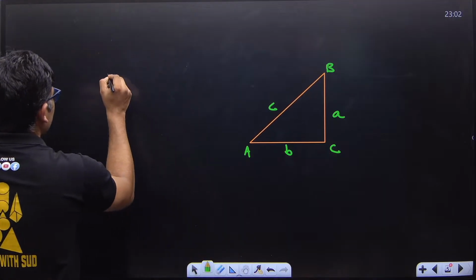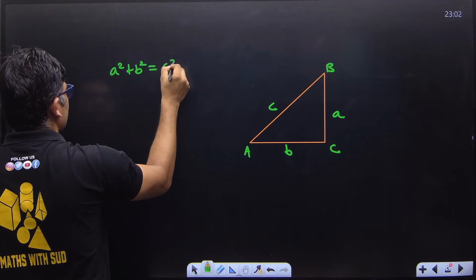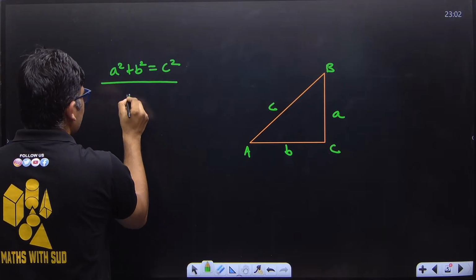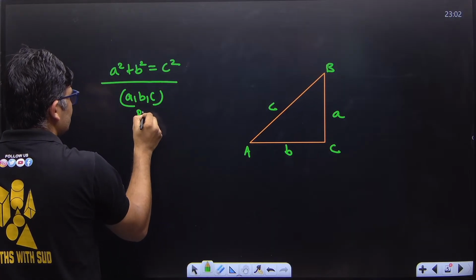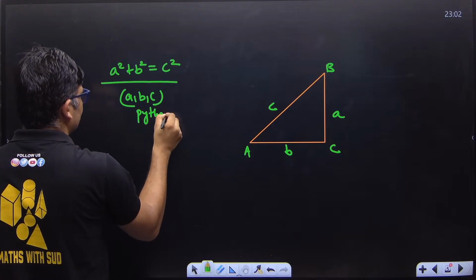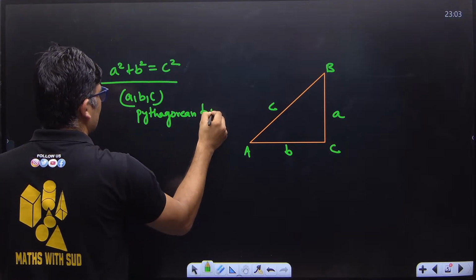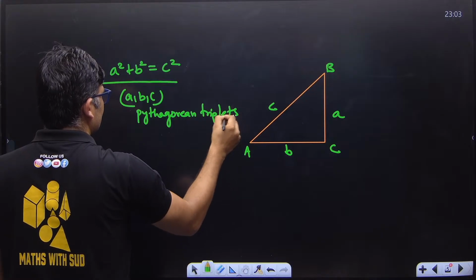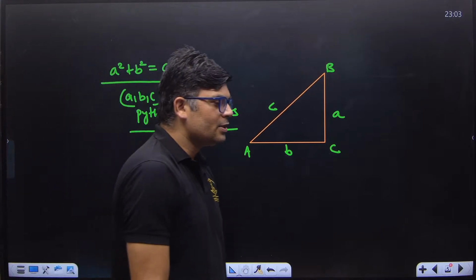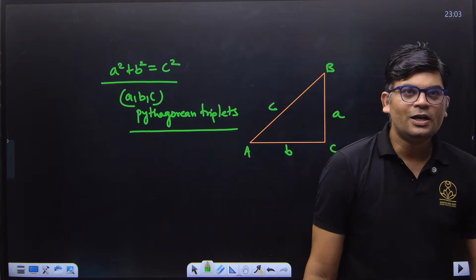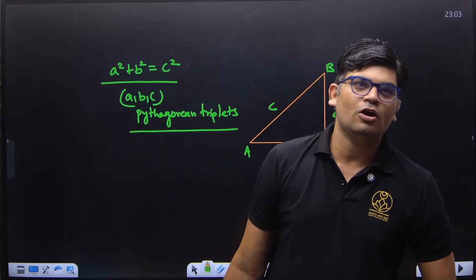So A square plus B square is equal to C square. So A, B, C is known as Pythagorean triplets. So you must remember this, otherwise if you keep on calculating the third side, it will take a lot of time.